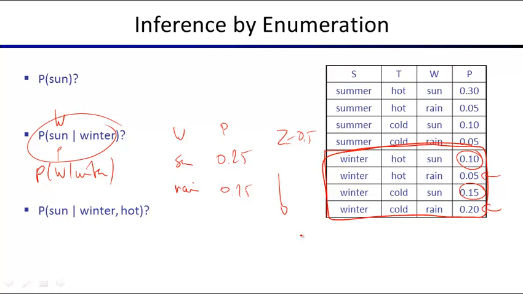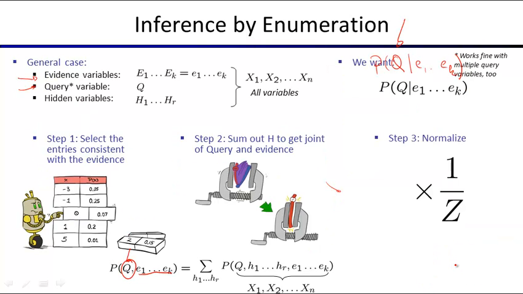And as the resulting table we get for W given winter, a table that looks like this: 0.5, 0.5 for sun and rain. That's the mechanical procedure. Very straightforward to program. You can do it for any joint distribution, any conditional query, and you can get the right result this way.